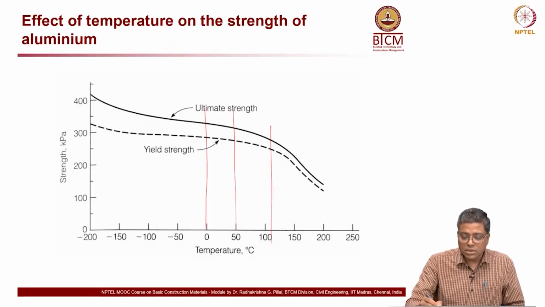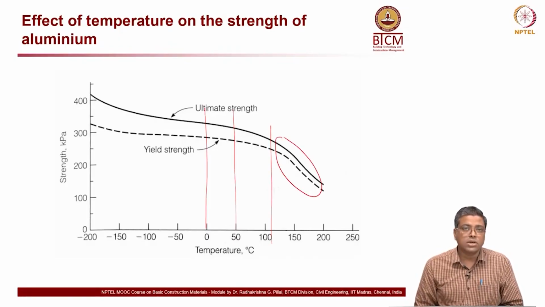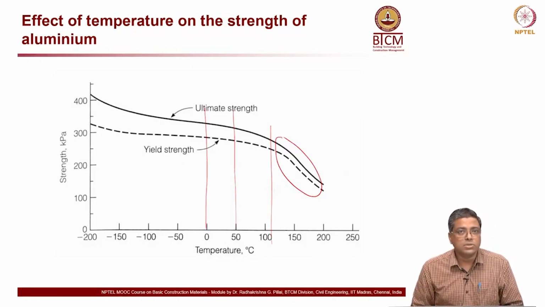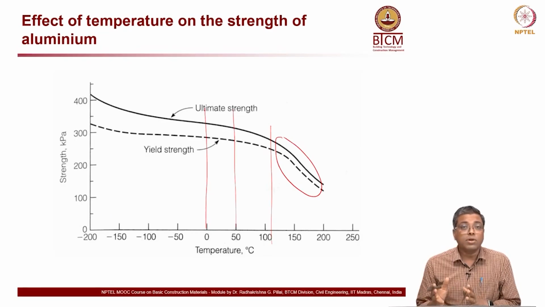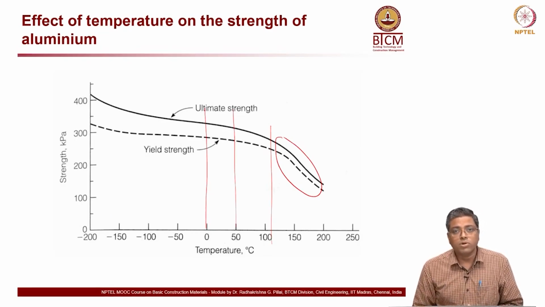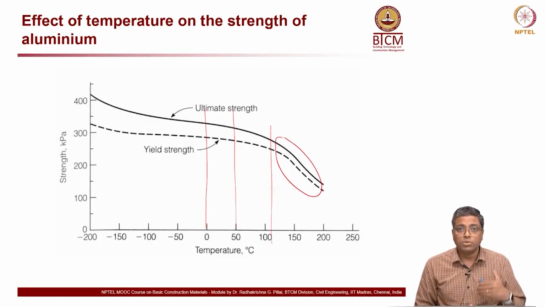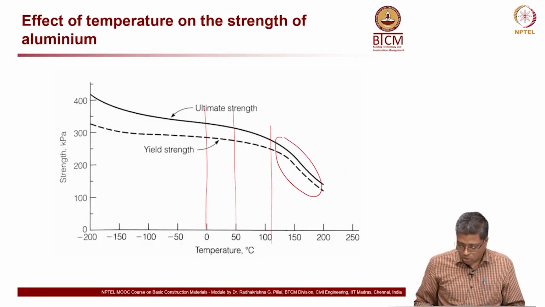So, this limits some of the applications. There is a significant reduction in the properties after about 100 degrees Celsius. So, when you suggest aluminum for some purpose, you have to think about the temperature effects also.